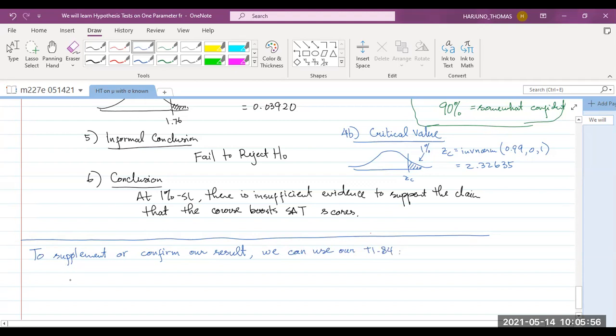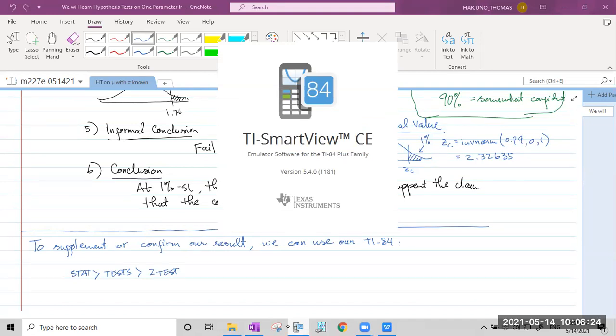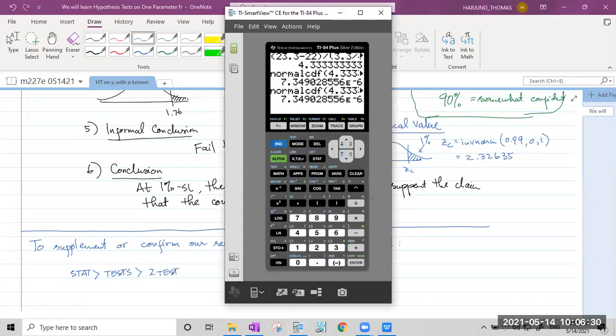And to do so, you go to Stat, and then Test, and then Z-Test. Let's take a look. I believe I mentioned this in my lecture also, but let's see again here. You go to Stat, Test, the first one, Z-Test.